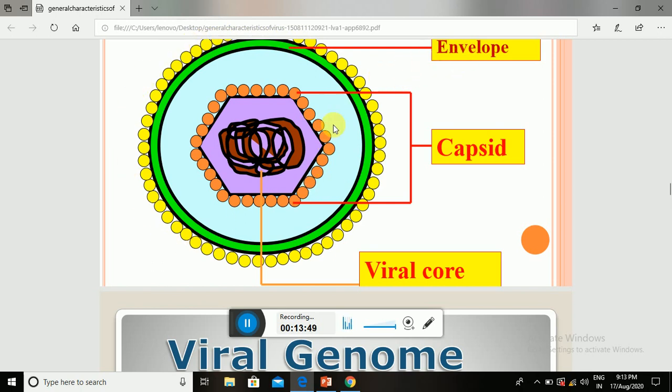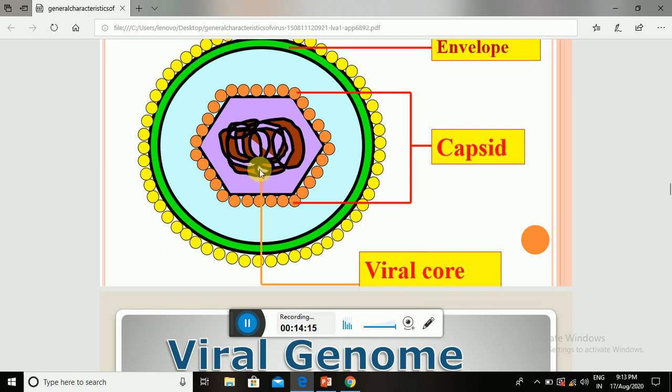When an envelope is present around the virus, it is known as an enveloped virus. Viruses without an envelope are known as naked viruses. Naked viruses have only nucleic acids and proteins, these proteins are known as capsomers, and the structure made up from the capsomers is known as the capsid.